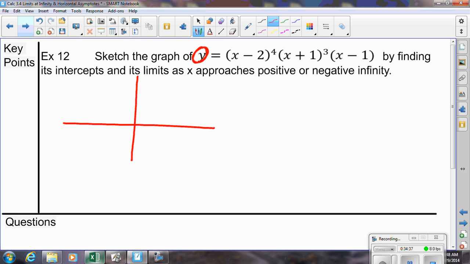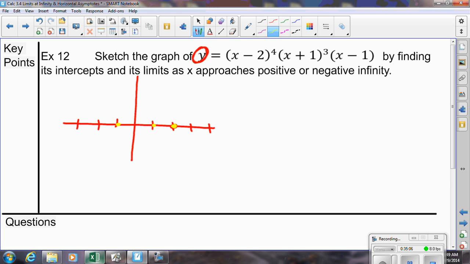So x minus 2 to the 4th tells us we have a 0 at x equals 2. Likewise, x plus 1 cubed tells us we have a 0 at negative 1, and we would also have a 0 at positive 1.